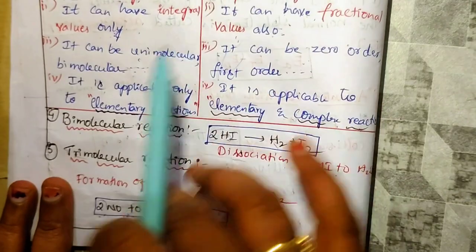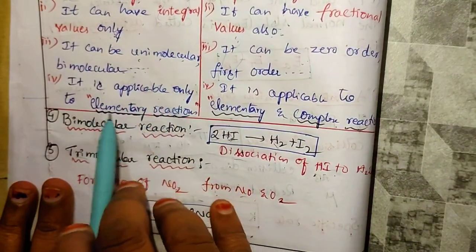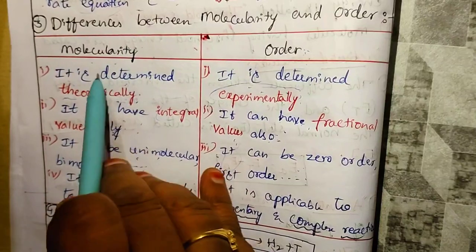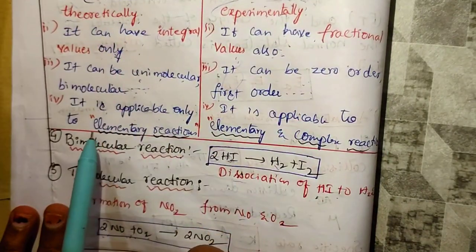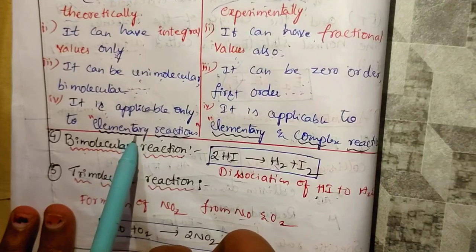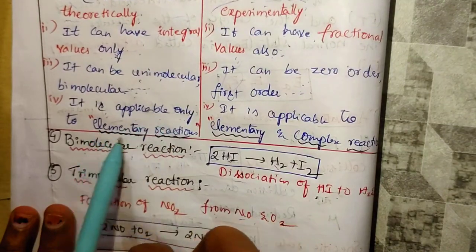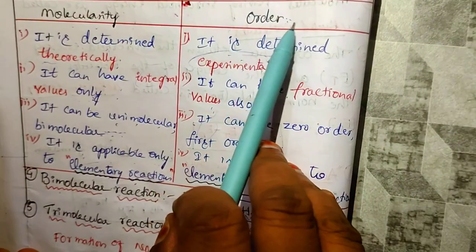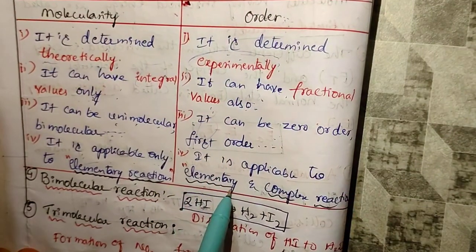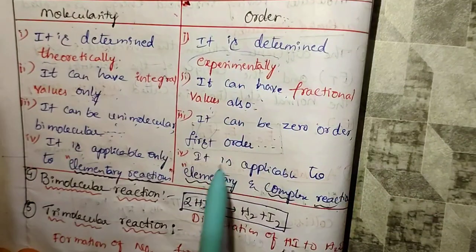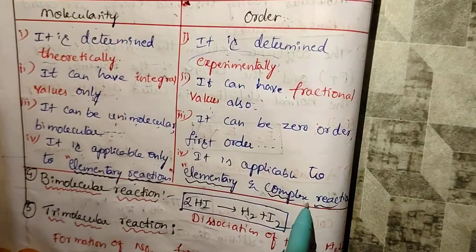Next, molecularity is applicable only to elementary reactions, meaning they complete in a single step. For those reactions only, molecularity is applicable. Order is applicable to elementary and complex reactions also.